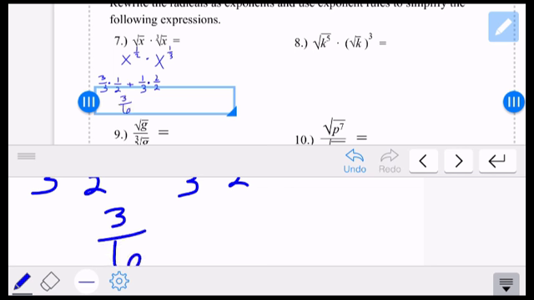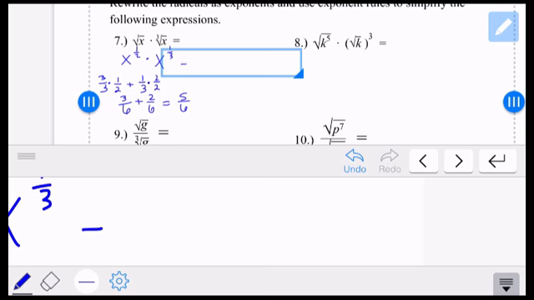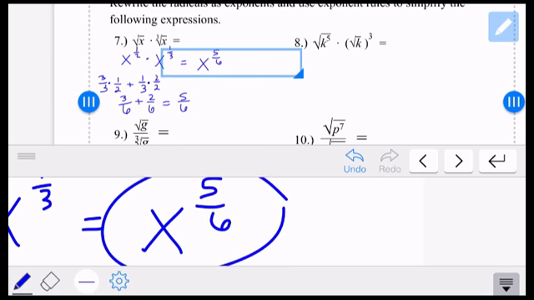So I have 3/6 plus 2/6, and then I add the tops together. 3 plus 2 is 5. So I have 5/6 for my exponent. So this is going to be equal to x to the 5/6 power.